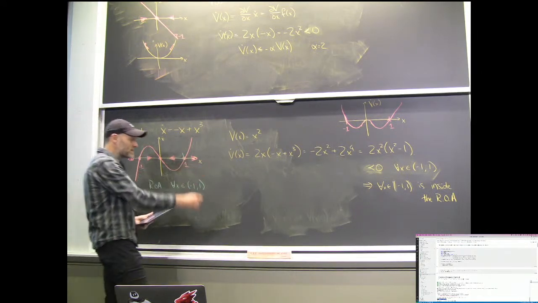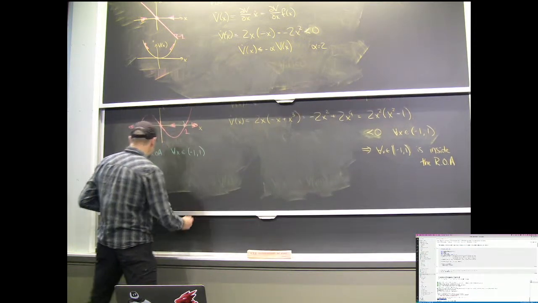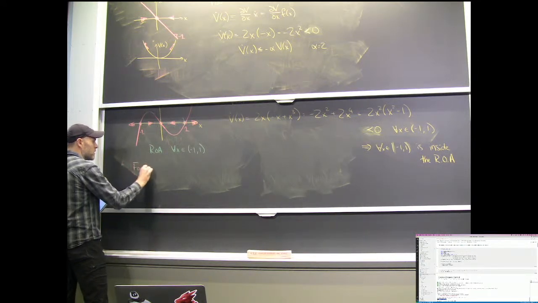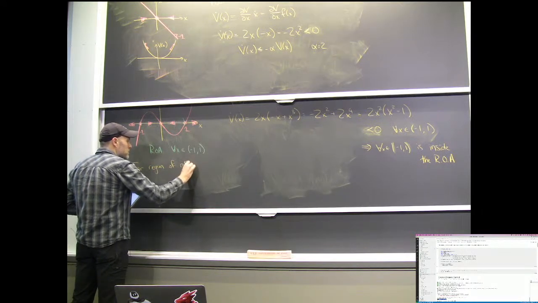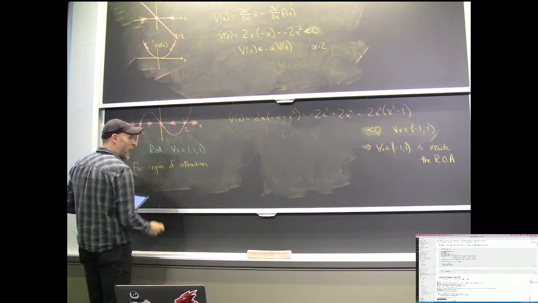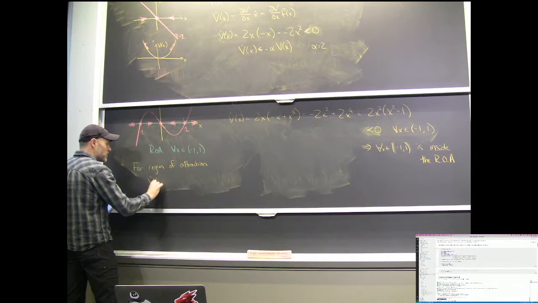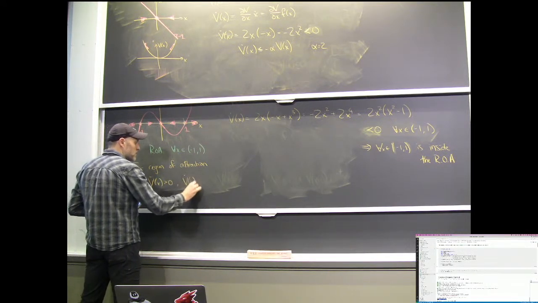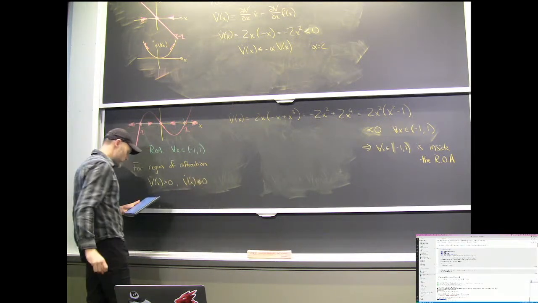Okay, so to make that statement, I need one more version of the Lyapunov argument. If I want to prove region of attraction, I need my conditions to hold. I need V of x greater than 0, V dot of x less than or equal to 0. Let's even say strictly less than 0 for the simplest case, okay?